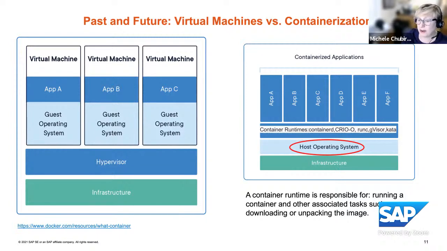A container runtime is responsible for running a container and other associated tasks such as downloading or unpacking the image, but every container does not have a separate kernel. It's shared memory, shared kernel. Essentially, that's what you need to understand. You do have segmentation options that you can employ, but at the end of the day, it's shared kernel.